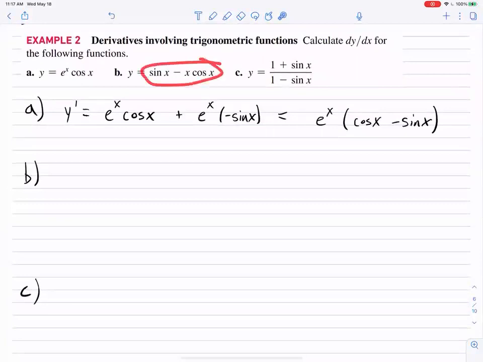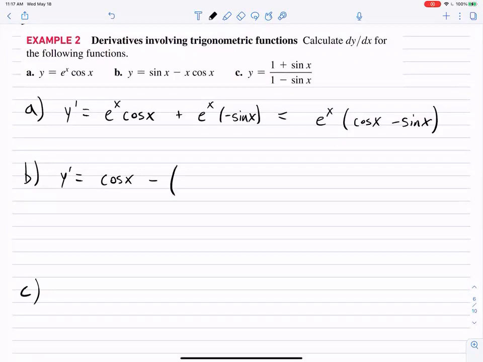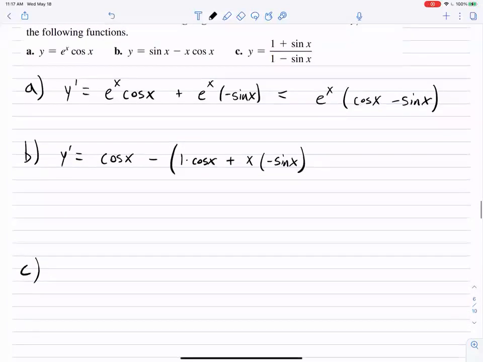For this one, y prime, you take the derivative of the first guy, which is just cosine of x, and then minus, then we have to do the product rule here. And so the derivative of the first guy is 1 times cosine of x plus the regular of the first guy, x, times negative sine of x. That's the derivative of cosine x.